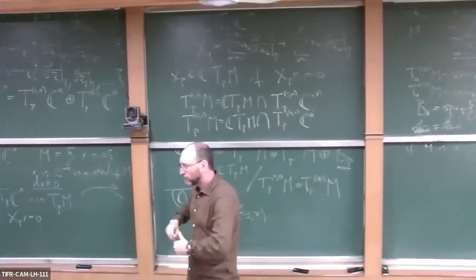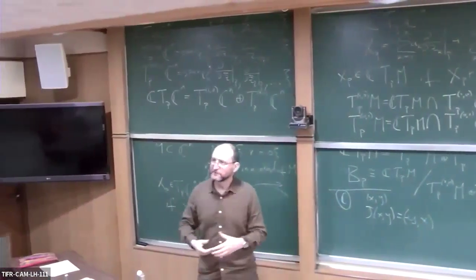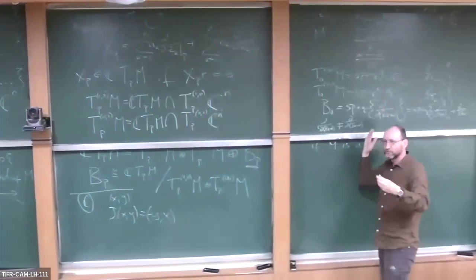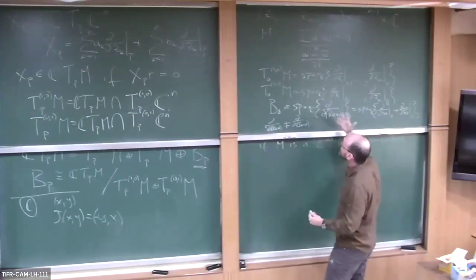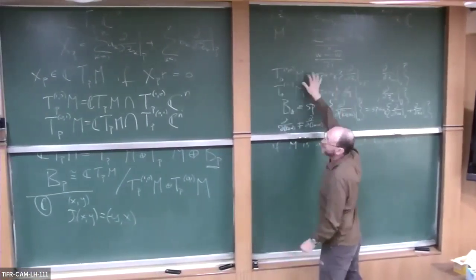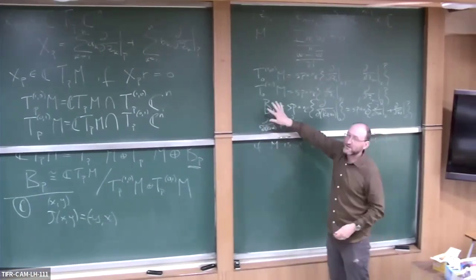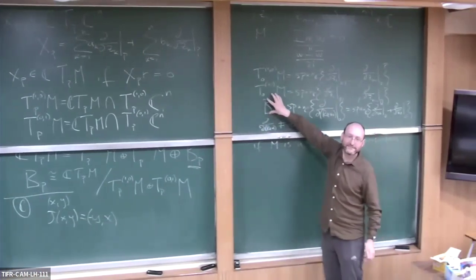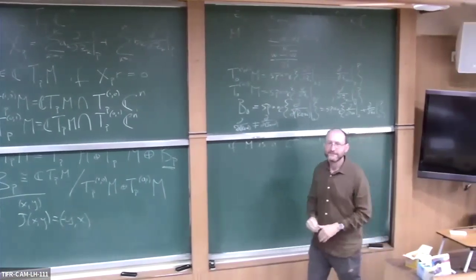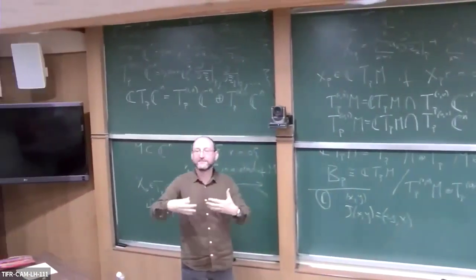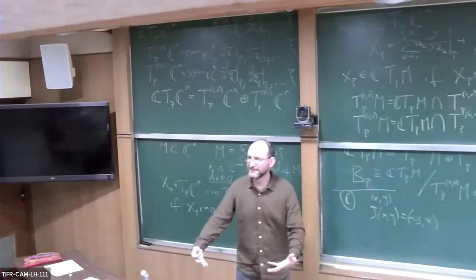One way of thinking about CR geometry is, if I take a vector field in here and a vector field in here and take a commutator, how much of my commutator is in here?